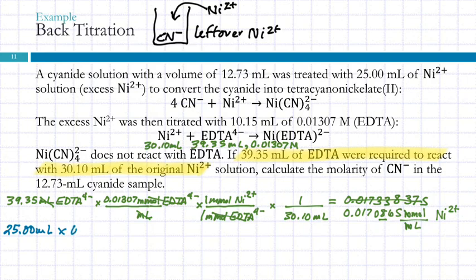times 0.0170865. It would be most convenient to leave that in millimoles per milliliter. Right? The milliliters cancel out.